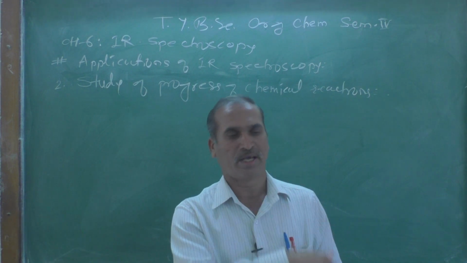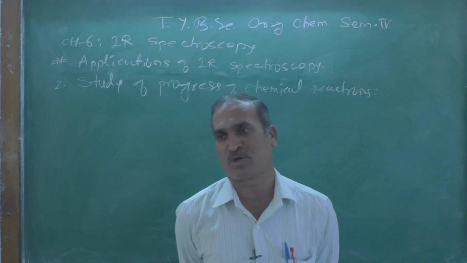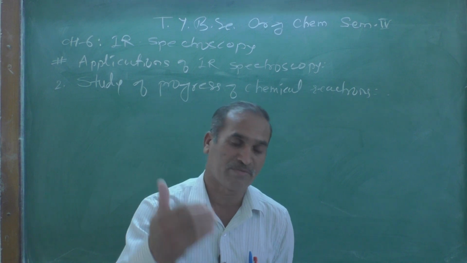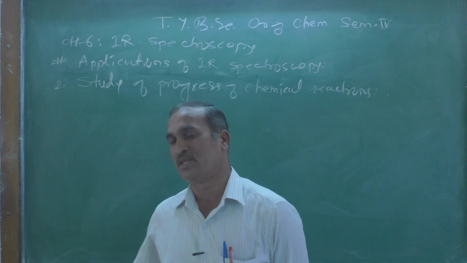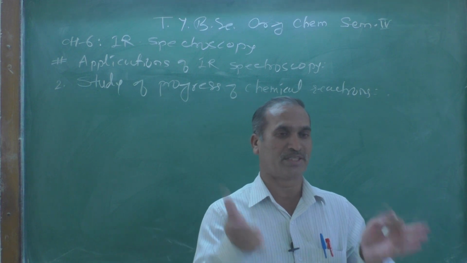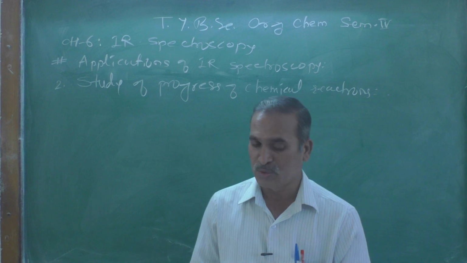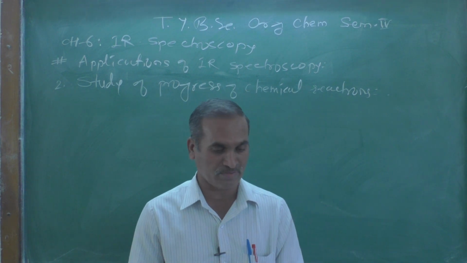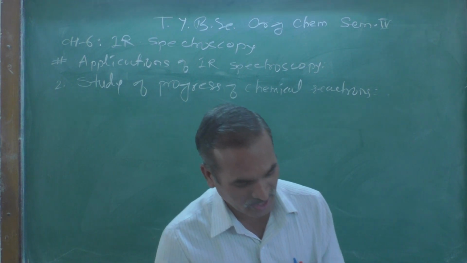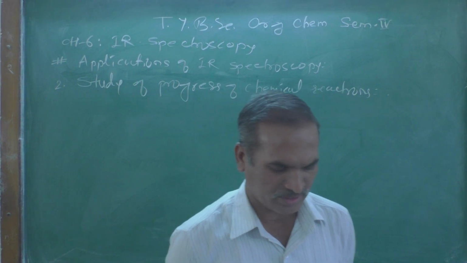It clearly indicates that intermolecular hydrogen bonding is there. So in this way we can easily distinguish intermolecular and intramolecular hydrogen bonding by the dilution method. Always remember this one. But now we are studying the progress of a chemical reaction.